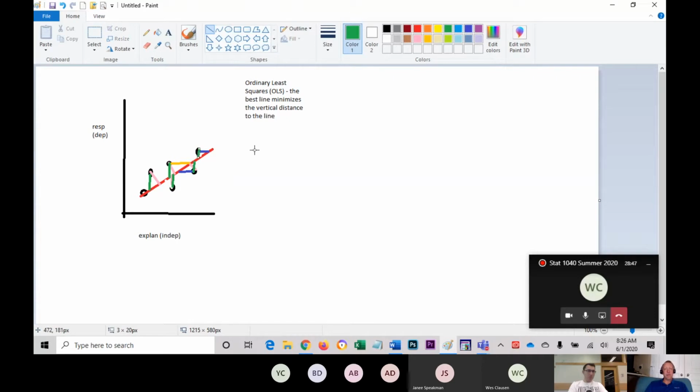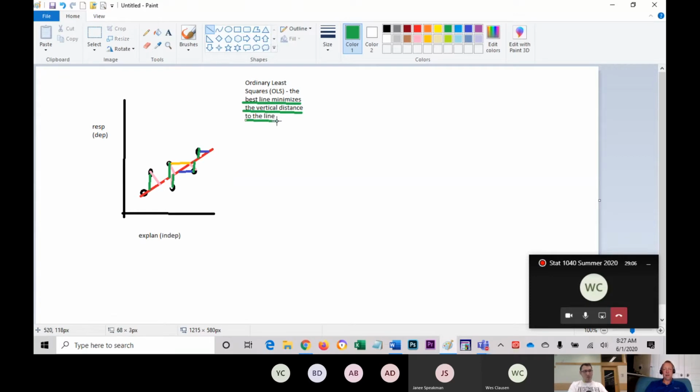There are a lot of different methods, and all I'm going to tell you is the best method, and we're not going to get into the math here, but the best method minimizes the vertical distance to the line.